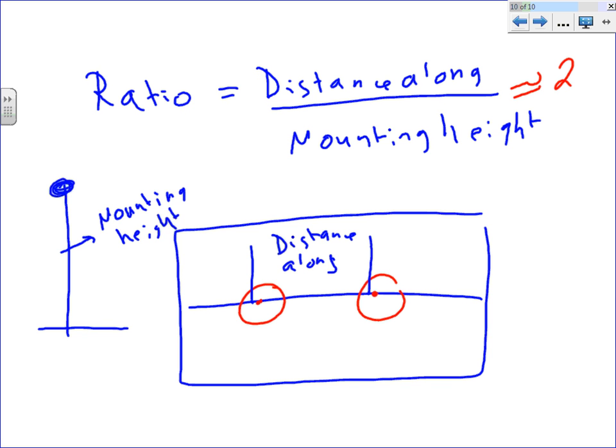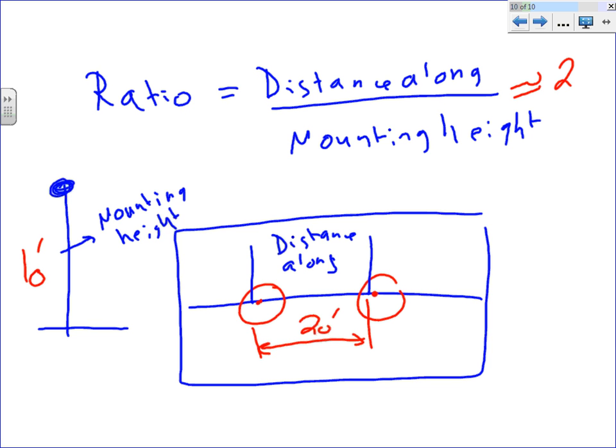For example, if the height here is 10 feet, the distance between these two fixtures would be 20. Right? 20 divided by 10 is 2. If the height of this fixture is 20, the distance between them will be 40. Rule of thumb, really no standards.